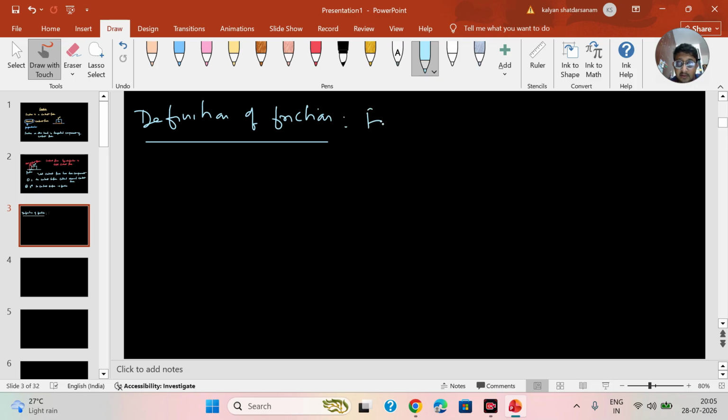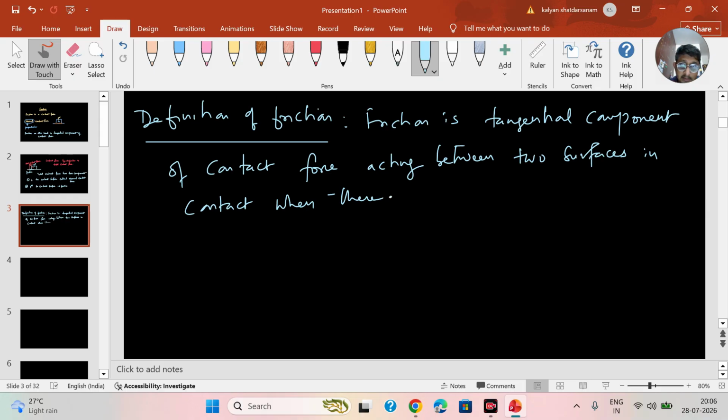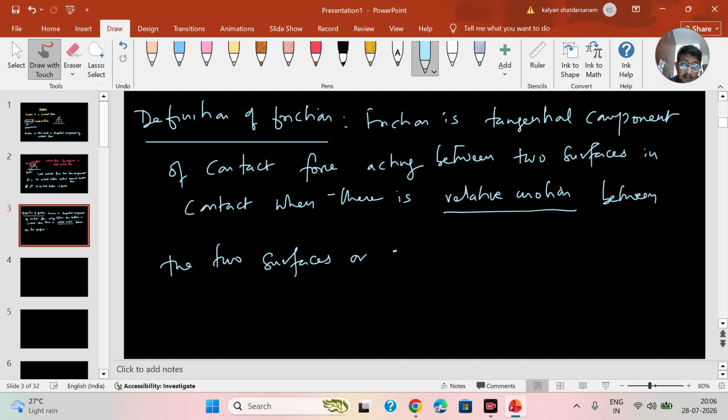The definition of friction is the tangential component of contact force acting between two surfaces in contact when there is relative motion between the two surfaces, or there is a tendency of relative motion between the two surfaces.